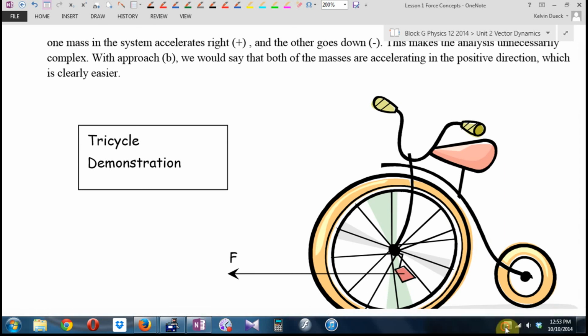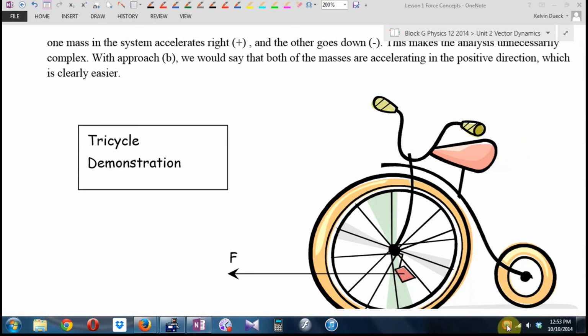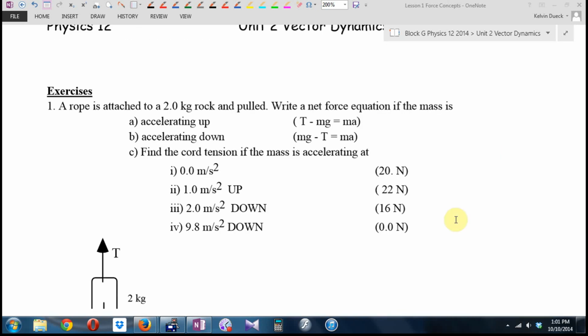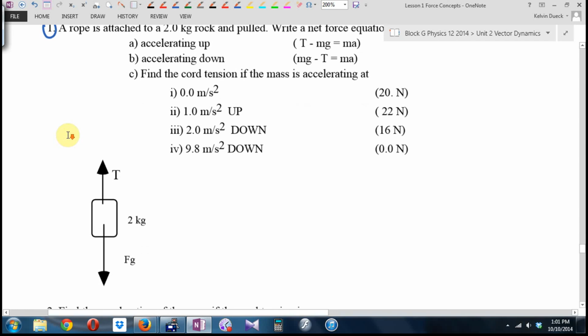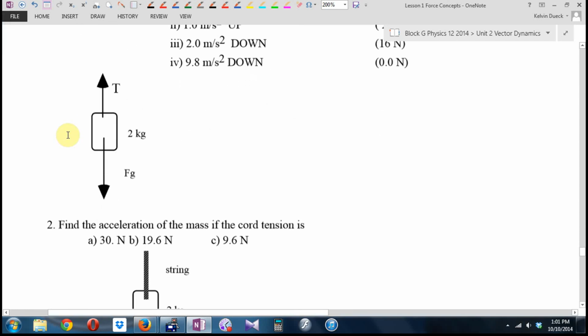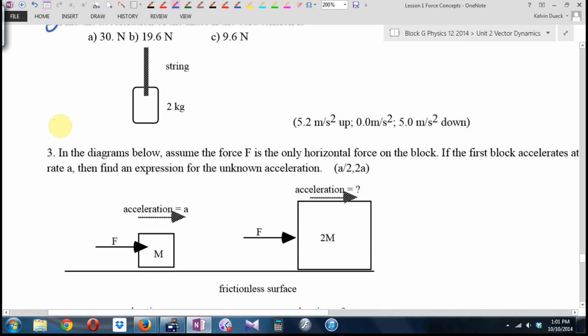Put your pencils down, look up. We're going to do a thought experiment. So you got about 15 minutes, questions to try, and I got some videos to show you as well, I think. Number 1, you can try. Number 1's a bit tricky. Number 2 is good. 3 is algebraic, but we're physics 12.